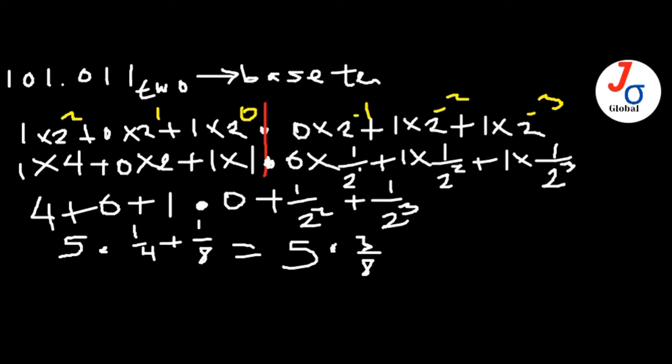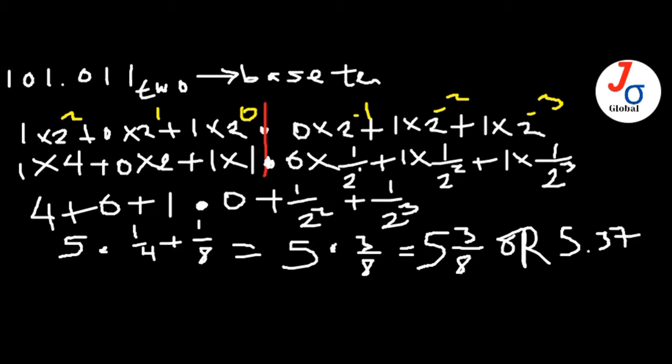So I could write this in mixed fraction, 5 whole number 3 over 8, or I could write that as 5.375, since 3 divided by 8 is 0.375. This is in base 10, and this is also in base 10. So that's how to convert from base 2 to base 10.